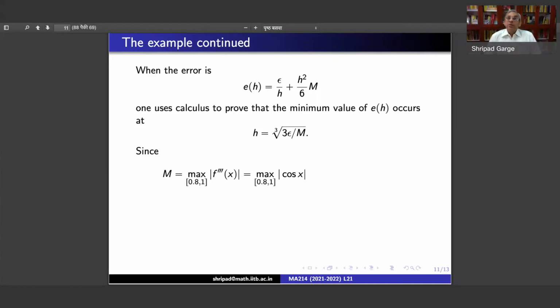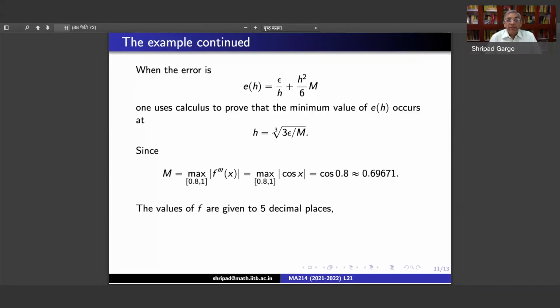So this is the maximum of mod cos x on 0.8 to 1, which is going to be cos of 0.8. We know that cos value decreases as you go from 0 to pi by 2. And the cos of 0.8, once again, we use approximation that this is 0.69671. The values of f, we are taking only the 5-point decimal values.